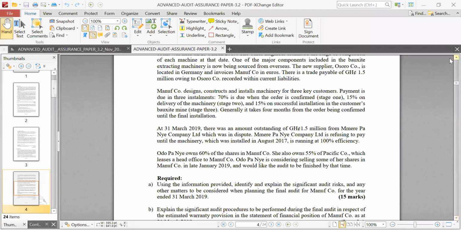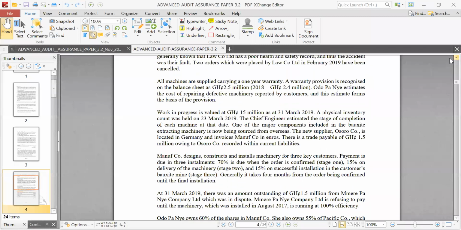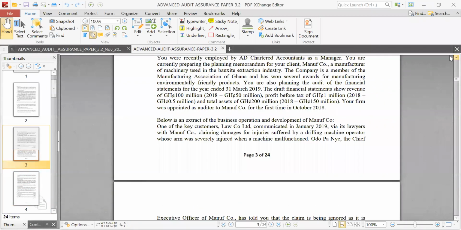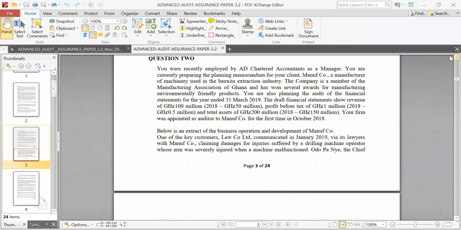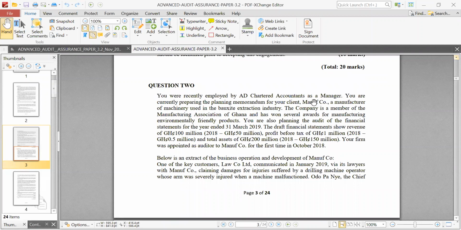If you go to the question again and you look at the warranty provision, it is about 2.5 million.